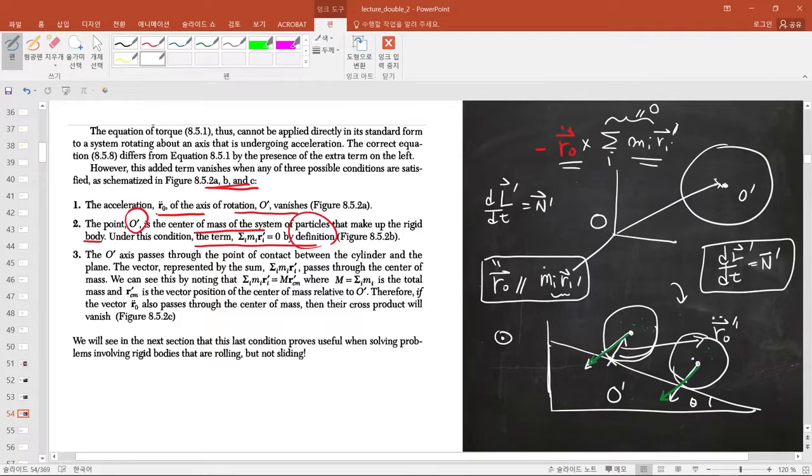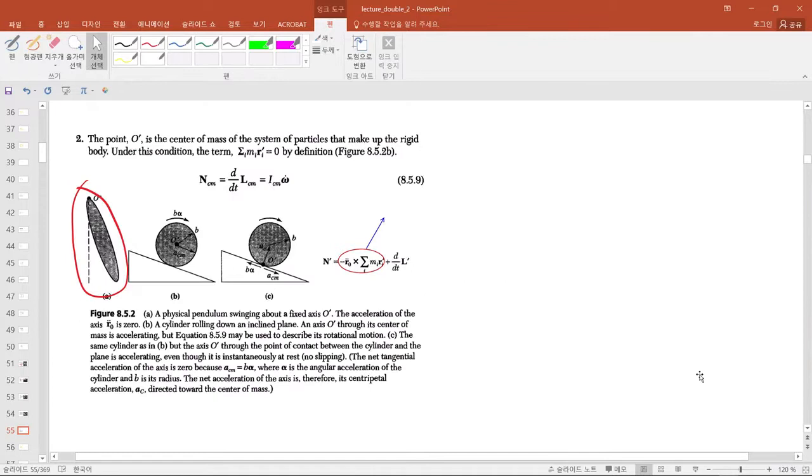This is by definition of center of mass. So it should point in this direction, and their cross product is equal to 0. So we have three cases.